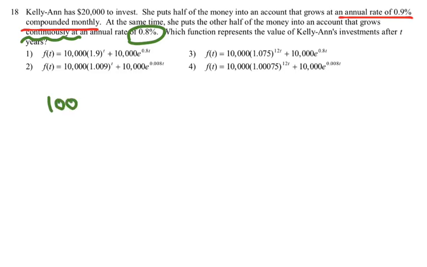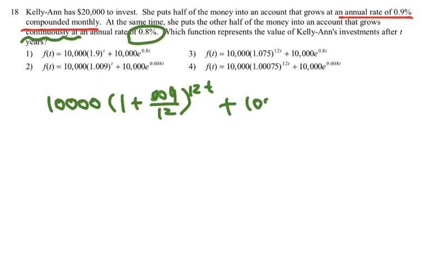So the way you can write it is 1 plus 0.009, that's the 0.9% divided by 12, and raised to the 12t.